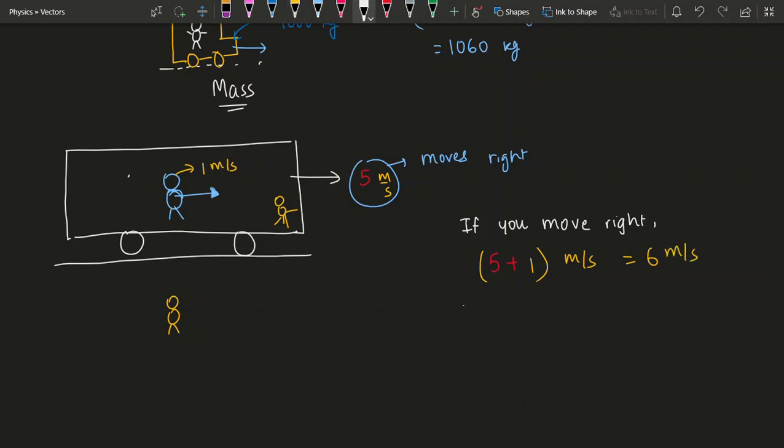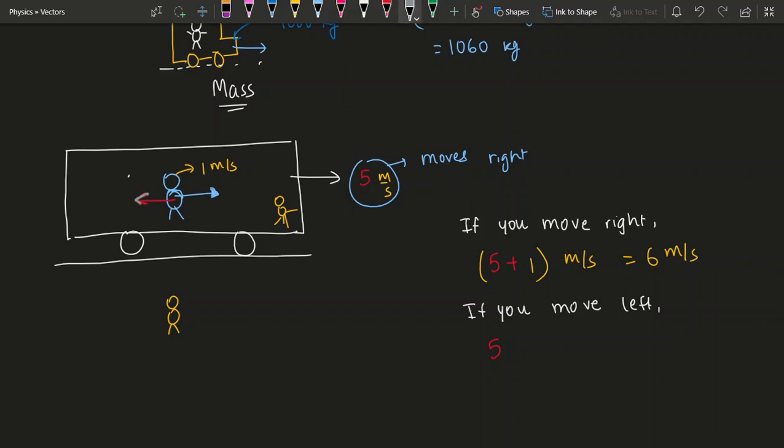But if you move left, that is, you move opposite to the direction of motion, in that case, I would not observe you with 6 meters per second. The train would still move at a velocity of 5, but now, with respect to the train, you're moving on the left side.